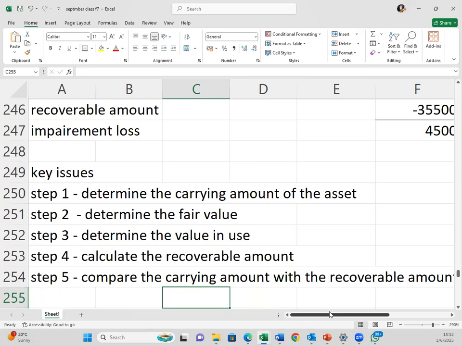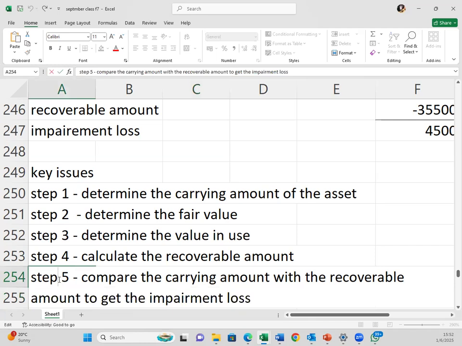Then also we need to determine the value in use. That is the value we are expecting to get, provided we've decided to keep using this asset for its entire useful life. Then after that, we need to determine the recoverable amount, which is the higher of the fair value and the value in use.